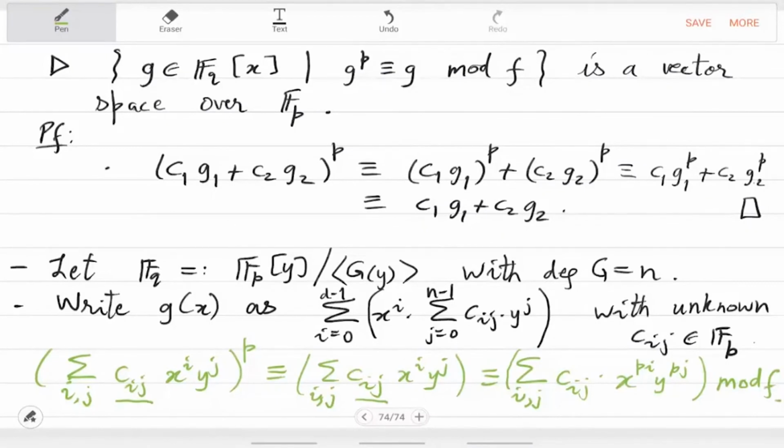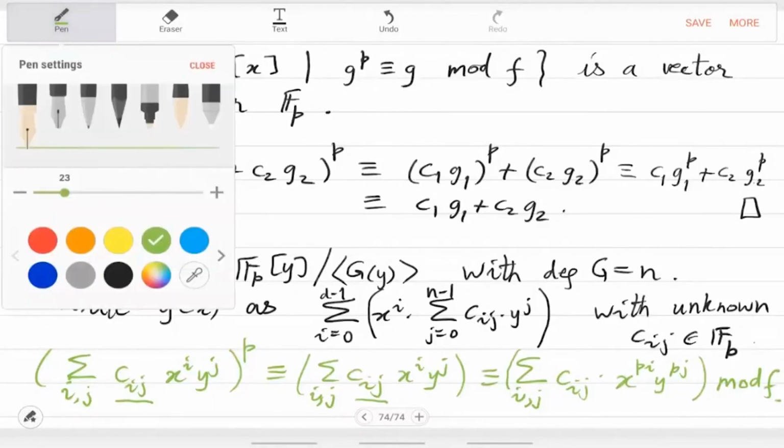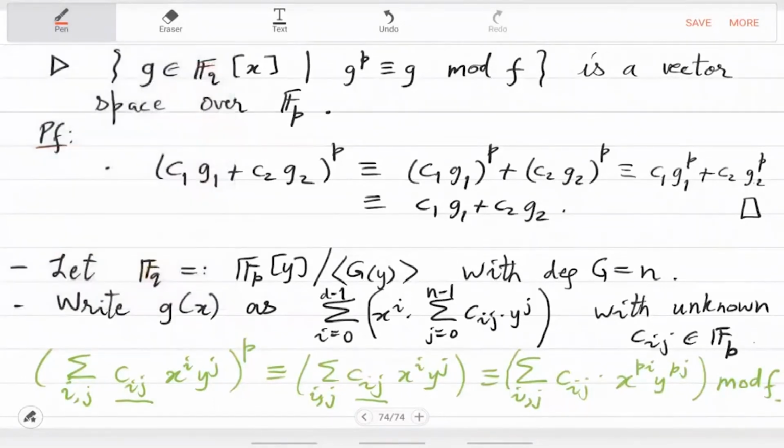So the LHS is the same as the last expression, Cij times x to the pi y to the pj. So now if you look at this congruence, the second one, this congruence actually gives you a linear system in the unknowns, right?